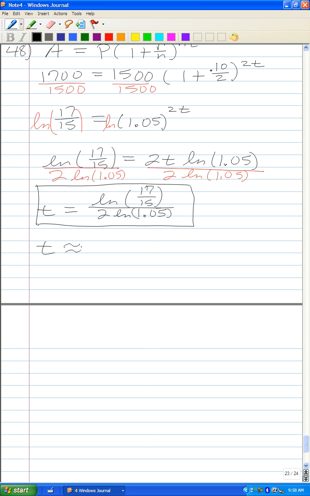Let's plug that into my calculator to figure out how many years that corresponds to.